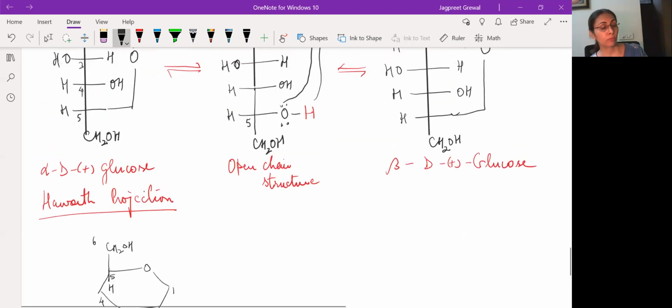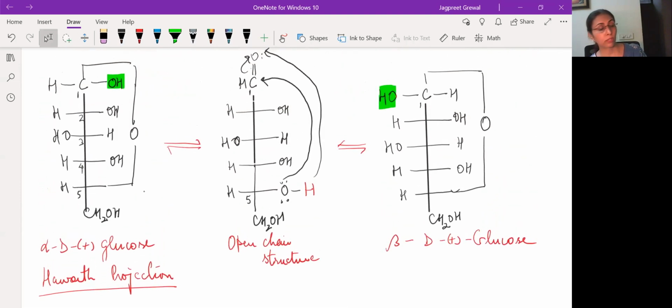And the rest of the functional groups or hydroxyl groups are arranged in such a way that the groups which are present on the right side are drawn below the ring, and the groups which are present on the left side are drawn above the ring.